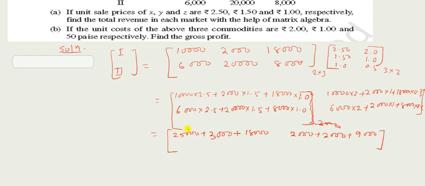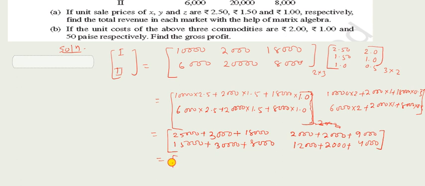Now this is 15,000 plus 30,000 plus 8,000, this one 12,000 plus 20,000 plus 2,000 plus 8,000 into 0.5, that is equal to 4,000.